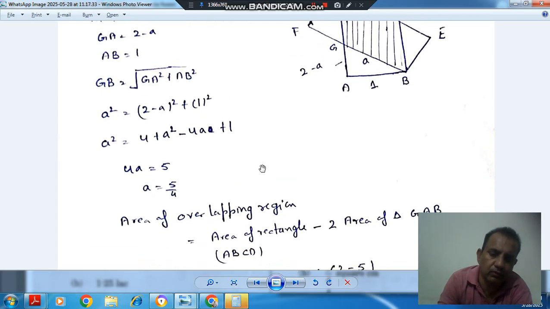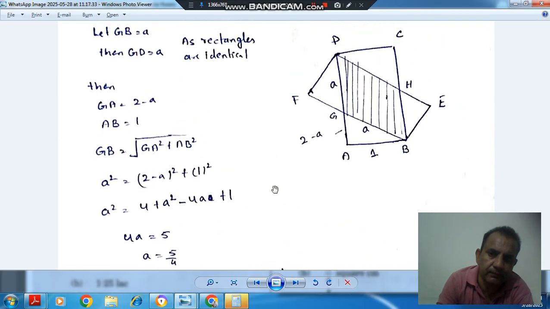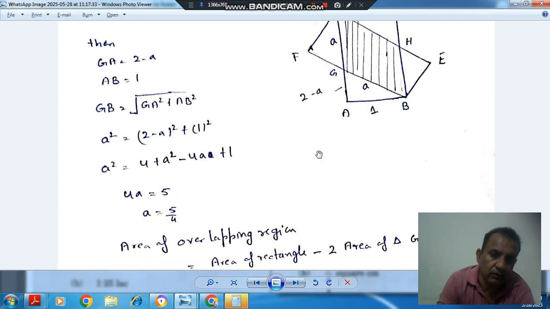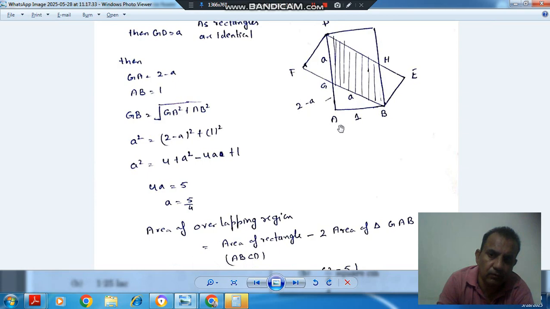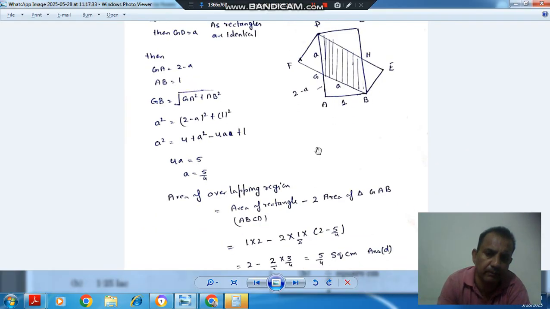Now in question number 86 we have to find the area of the overlapping region. The area of the overlapping region is the area of the rectangle minus the area of this triangle minus the area of this triangle. As these two triangles are congruent, they have the same area. So the area of rectangle ABCD minus 2 into the area of triangle GAB will be the overlapping area.